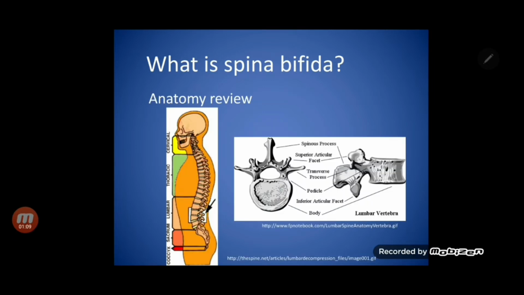In the anatomy review, we know that each vertebra has several important parts: the body, the vertebral foramen, the spinous process, and the transverse process. The body is the main weight-bearing region of the vertebra. It makes up the bulk of the bone's mass. Extending from the body are the transverse processes.